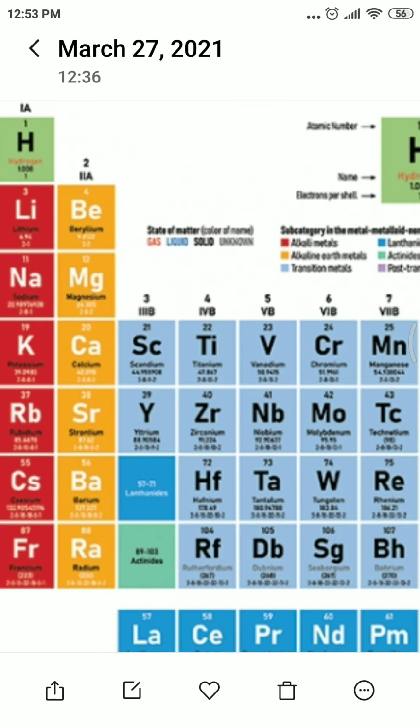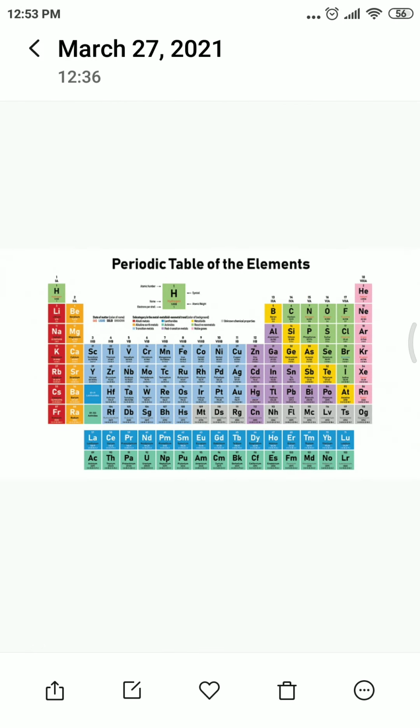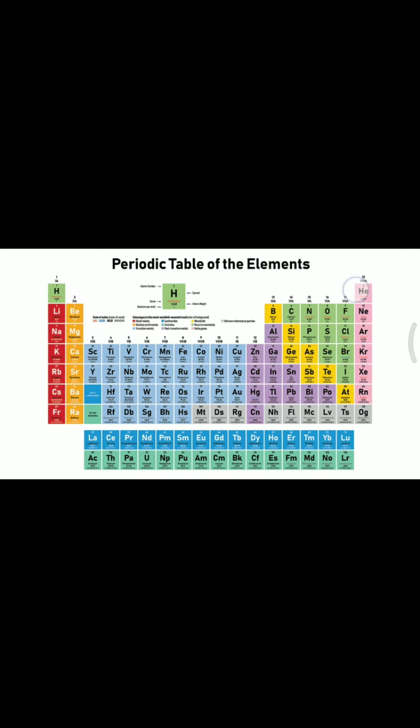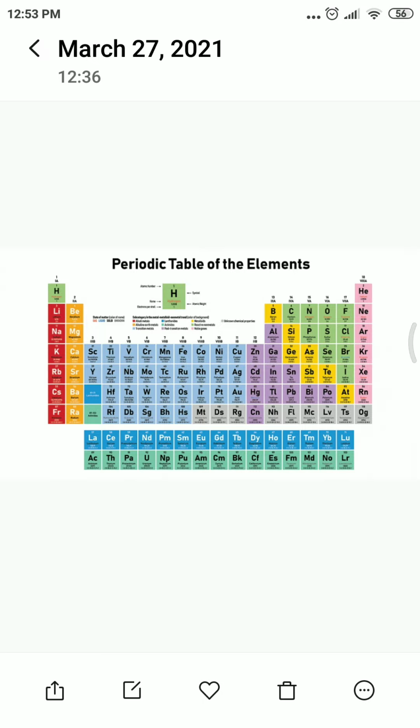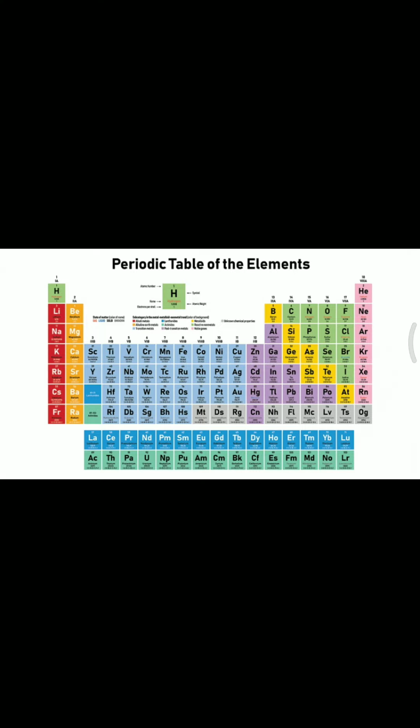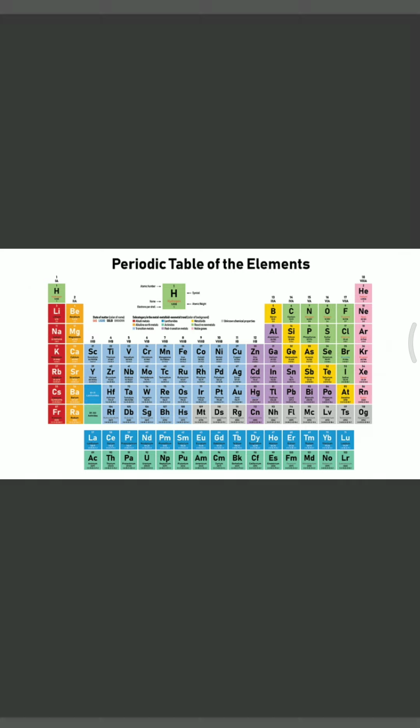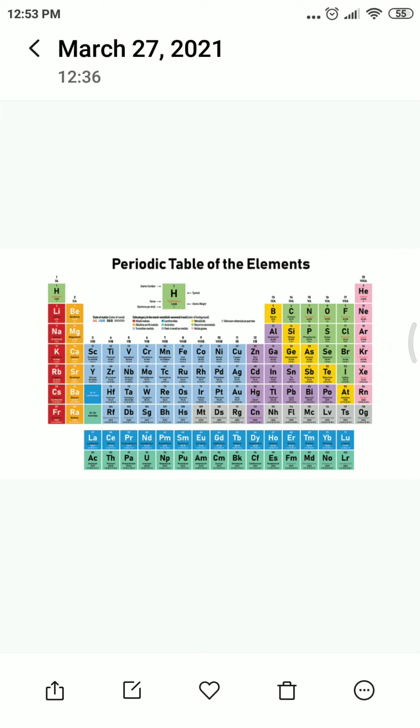If you observe this structure, here you have 2, here you have 8, here 8 again, here 8 plus 10, that is 18. Here again 18, here 18, and here you will have again how many?